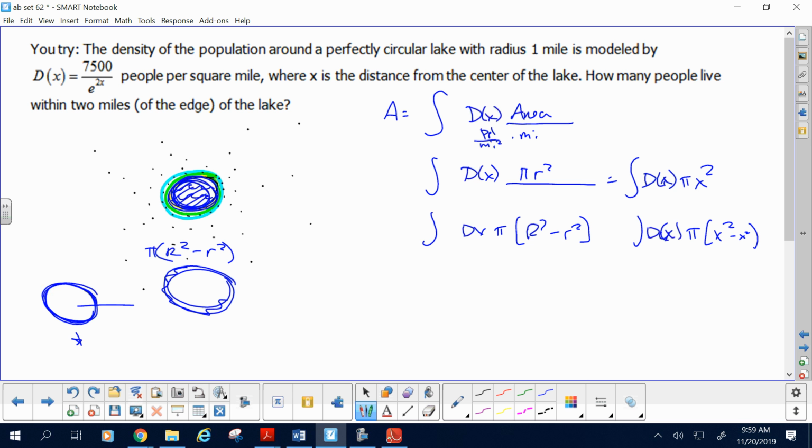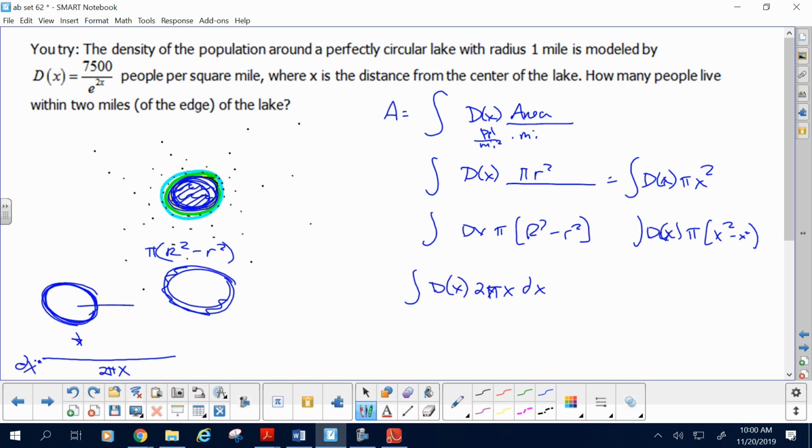So now, what's the base of this rectangle? 2 pi r, or 2 pi x, yeah? What's the thickness of that rectangle? Yes. So it is dx times 2 pi x.